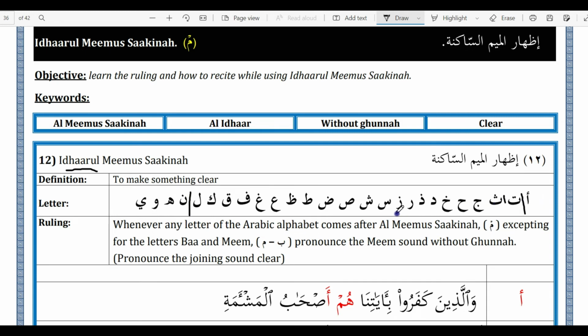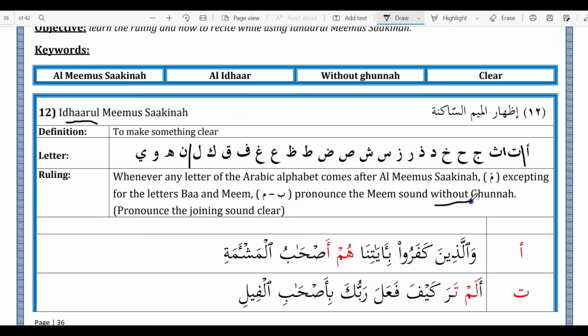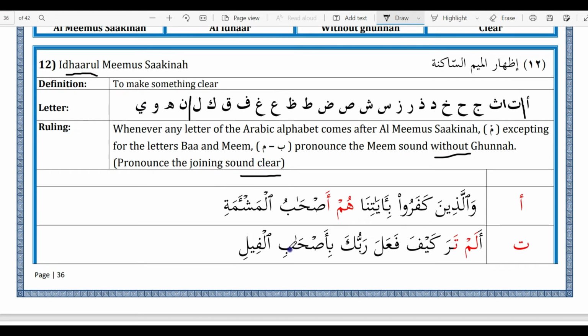Whenever any one of these letters comes after meem sakina, pronounce the meem sound without ghunna, and that is to pronounce the joining sound clear. So we don't have to do anything. We just recite the verse as normal.